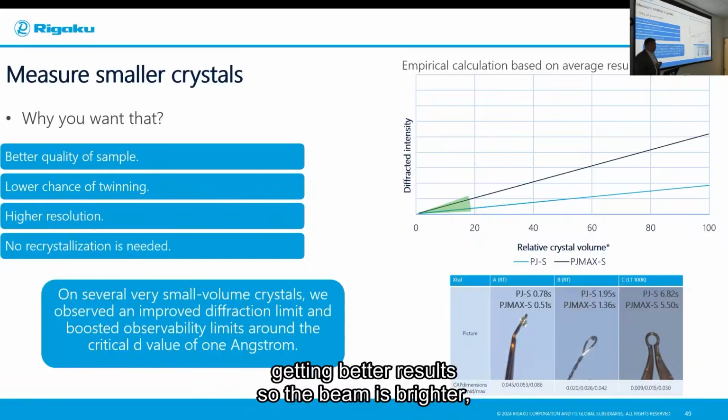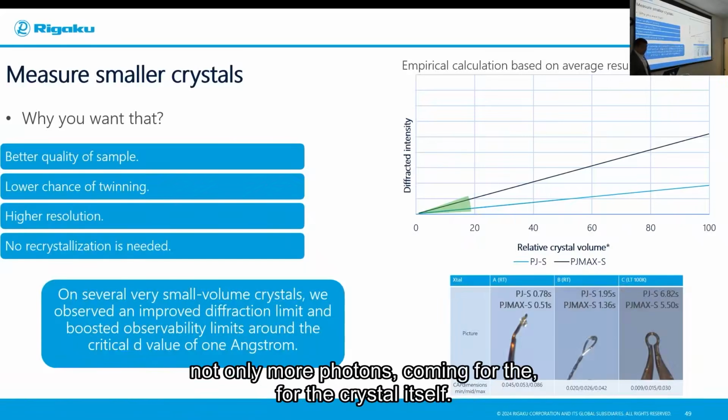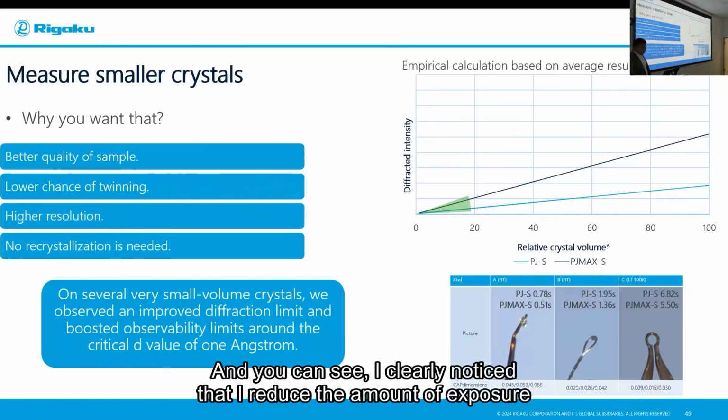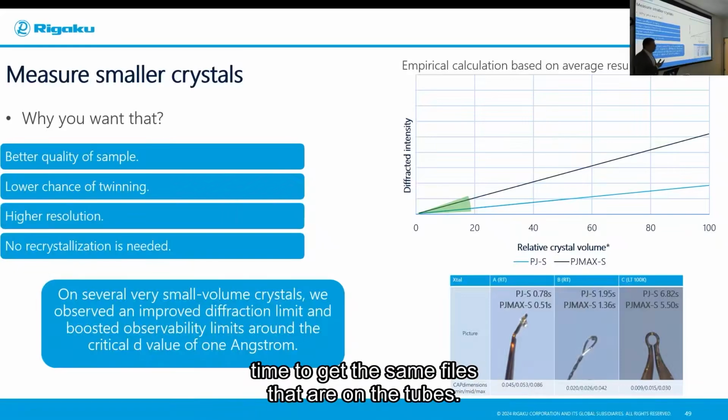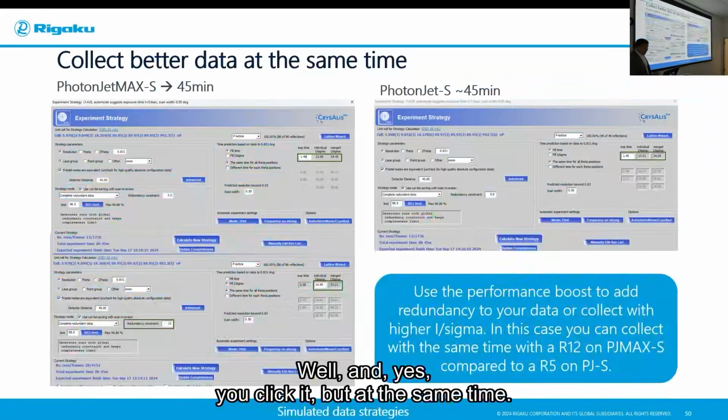So the beam is brighter, not only more photons coming through the crystal itself. And you can see I could clearly notice that I reduced the amount of exposure time to get the same quality data on the tubes compared to this one. And yes, you could collect data at the same time.